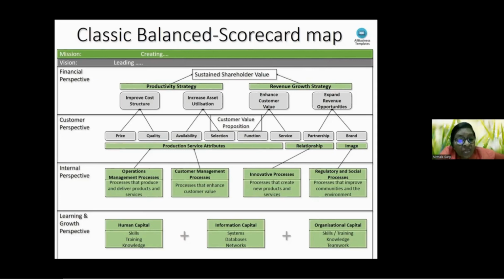I want you to revisit your own story, the same story, and now build the learning and growth perspective. What kind of people will you source, what kind of training will you give, what kind of culture will you build? Identify at least two or three, and then say how you will evaluate.